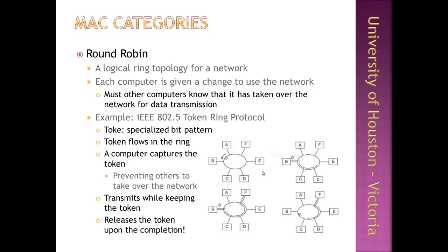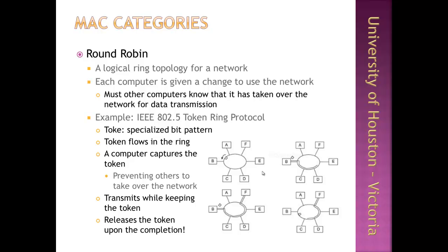Implementation of this token protocol requires that each node be able to listen, where a node is looking for a token if the token is available. And if the token is not available, basically, it waits. When it has control of the token, then it simply forwards the data, which is basically the token itself.